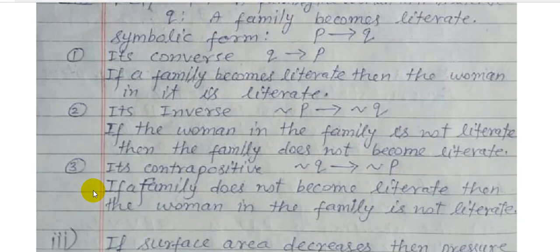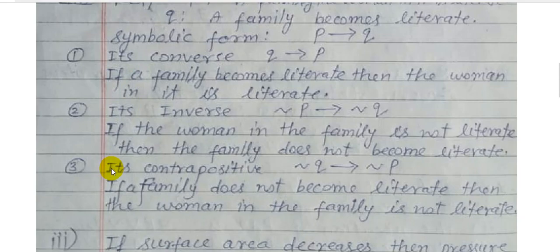So you have to write in the same order, according to the question paper, the question provided in the exam. Do not change your order. Here it was converse, inverse, and contrapositive, so it is written here in converse, inverse, and contrapositive form.